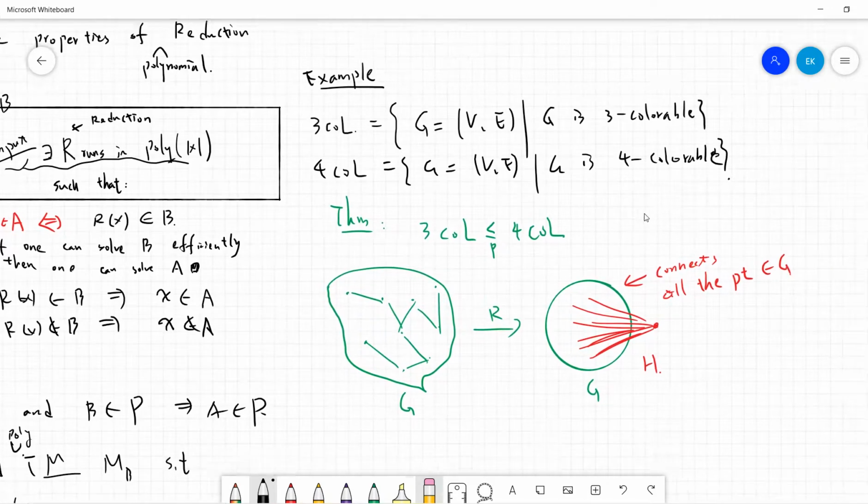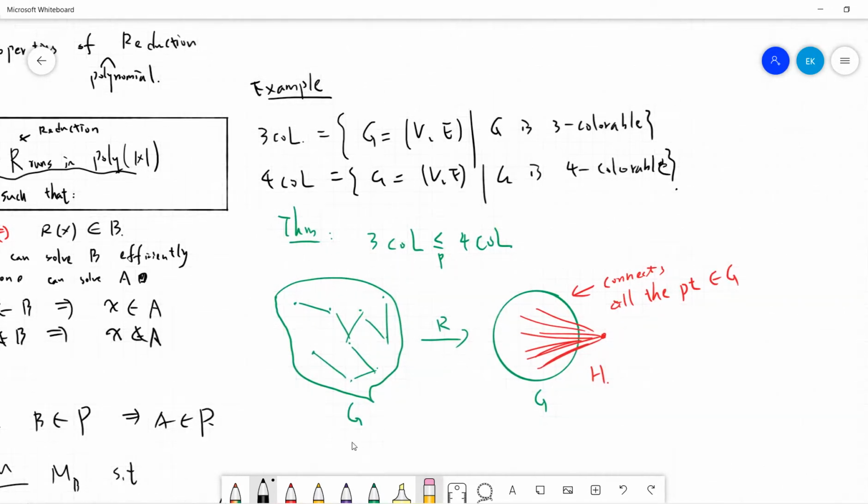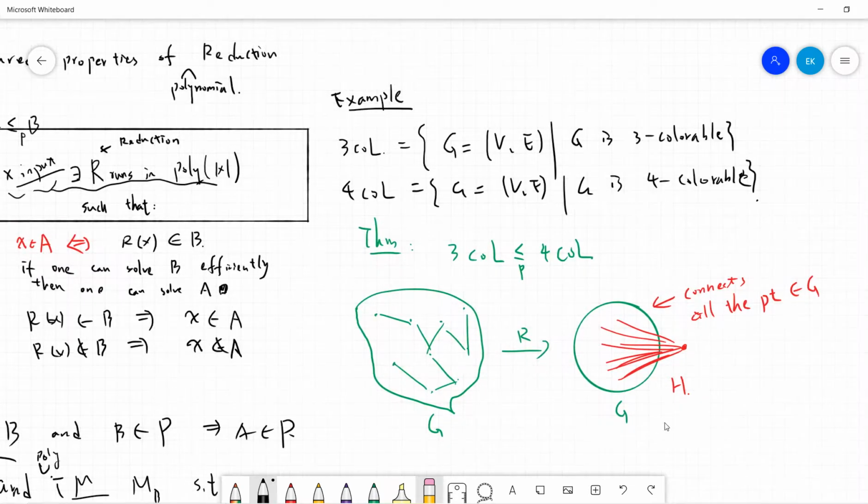It's amazing that this is somehow trivial. If someone gives you a graph G, you add an additional node called H, and you connect H to each vertex in G. Obviously, if the right-hand side is 4-colorable, that means you can use 4 colors.